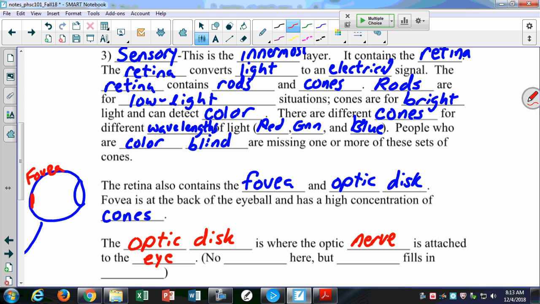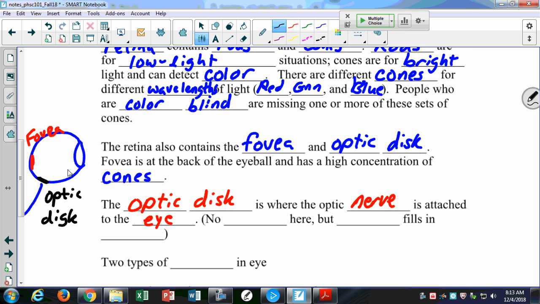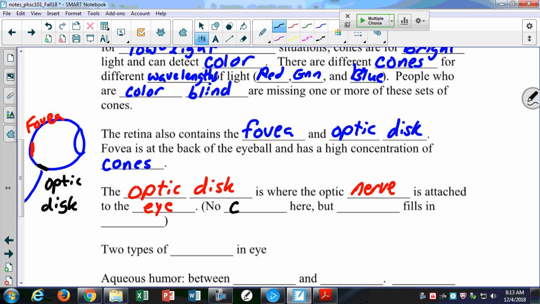And so the optic disc is this part right here. There are no cones here. So you have a blind spot. You literally can't see stuff where the light rays fall onto the optic disc.